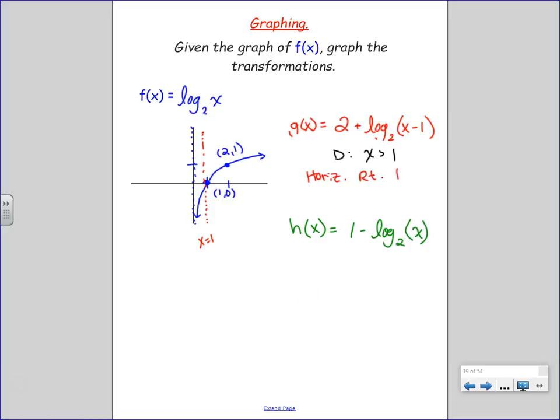Right 1. Good. Remember, minus means to the right when it's inside the argument. And what's that positive 2 being added on the outside indicate? Vertical shift up 2, right?